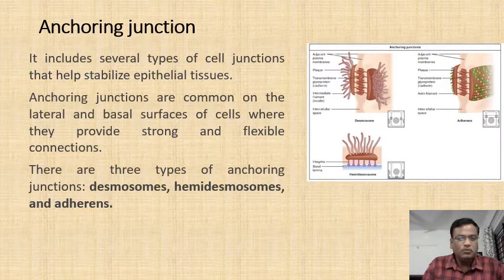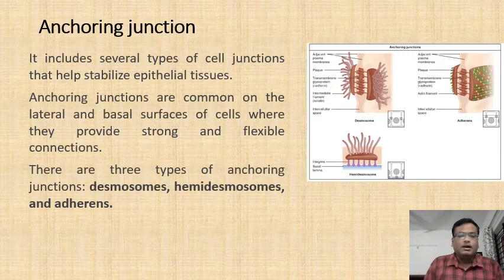It includes several types of cell junctions that help stabilize epithelial tissues. The name suggests the function itself. Anchoring junctions hold the cells together very tightly, and that stabilizes the epithelial tissue, its shape, size and position.